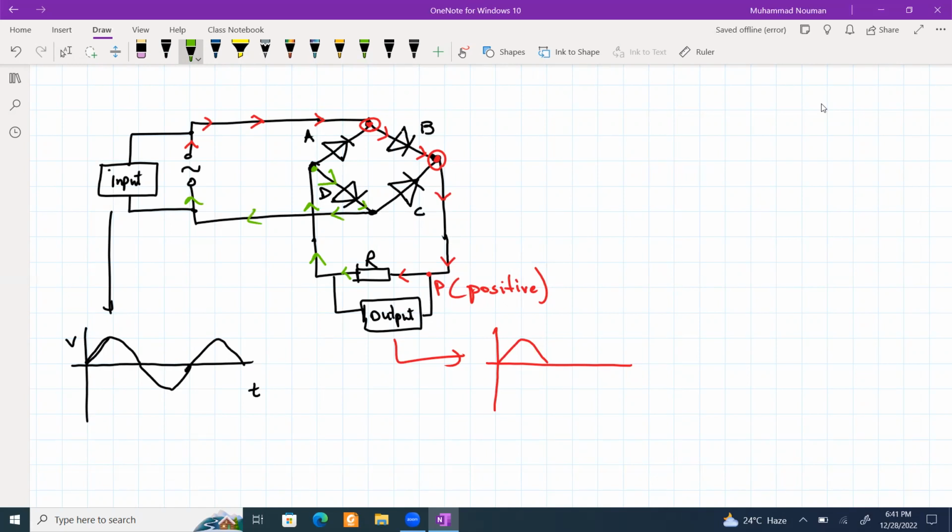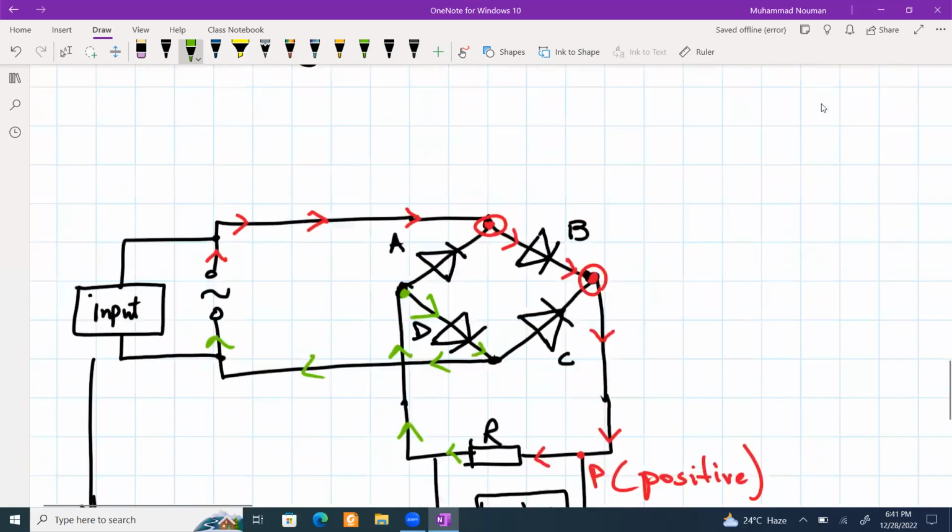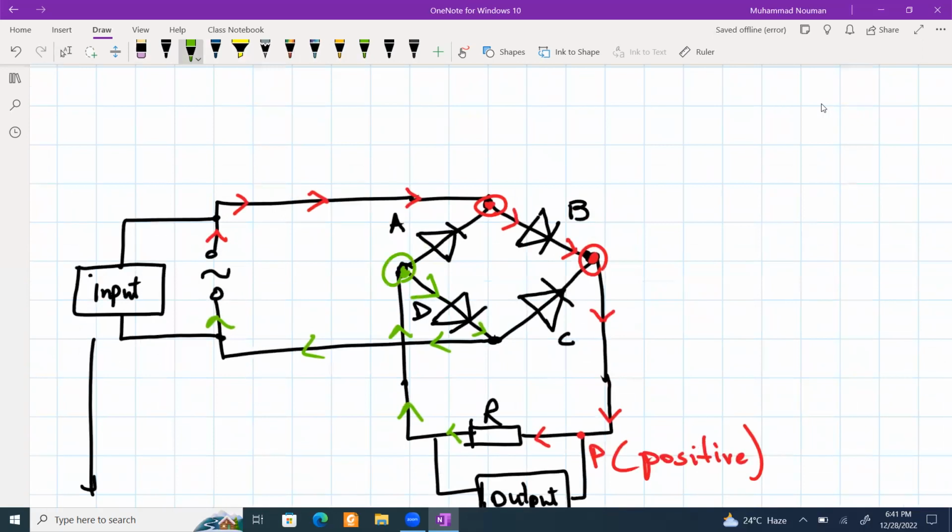Okay, so if you ask me the reason behind it, because some students ask, okay sir, if the current can flow through A and through D, why not through A? A is also looking like a forward bias diode for this pulse. Why does the current not flow through A, but it flows through D? Because on the path through A, the positive pulse is not being attracted.